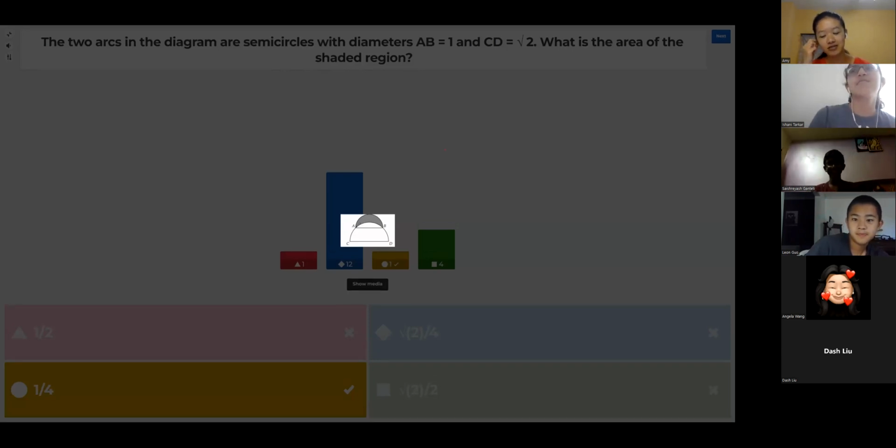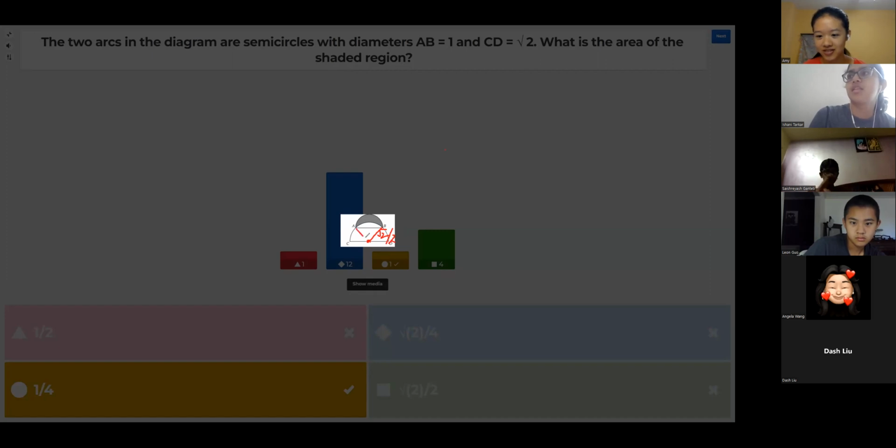Okay. So the 2 arcs in the diagram are semicircles with diameters of AB equals 1 and CD equals radical 2. So if the diameter is radical 2, then the radius is radical 2 over 2, right?